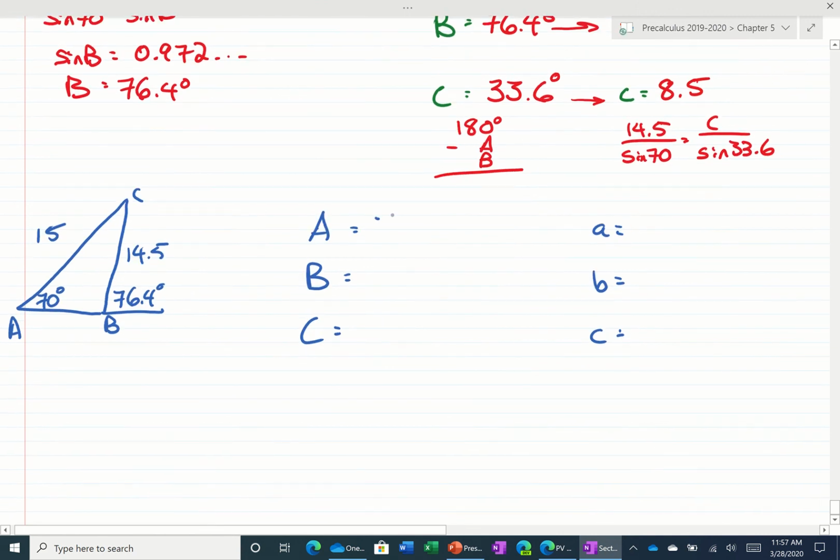All right, so to find B, we're just going to do 180 minus the 76.4. And that's 103.6 degrees.